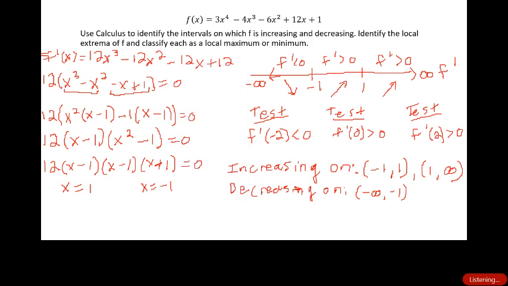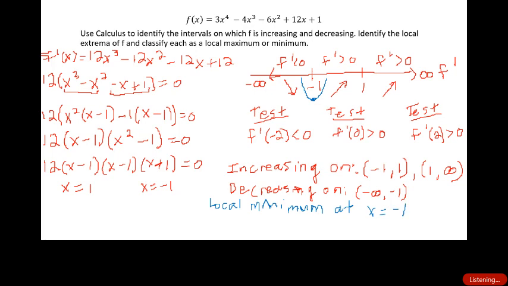So let's start with -1. This function went from decreasing to increasing here at -1. So that is obviously a local minimum. So there is a local minimum at the point x equals -1.